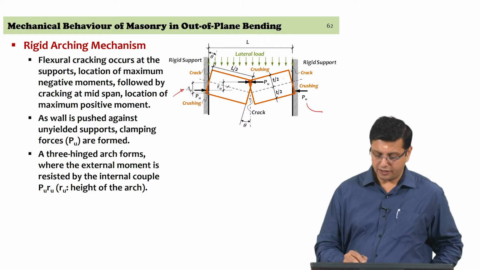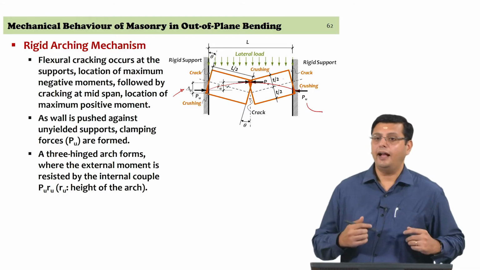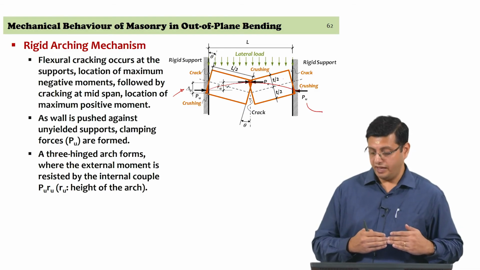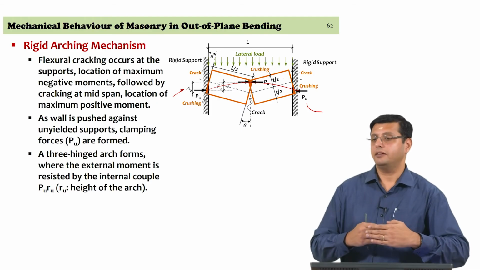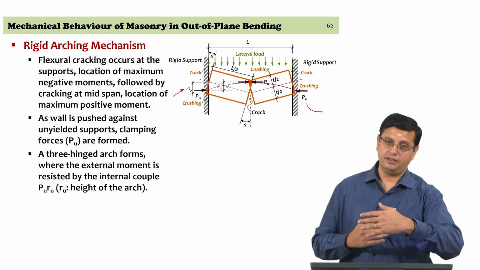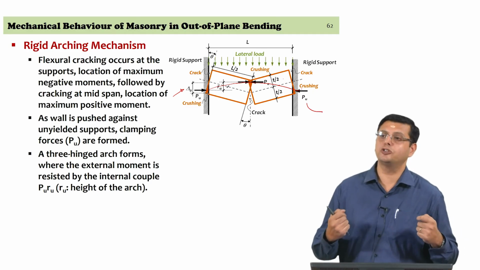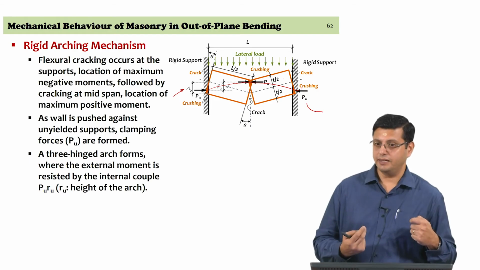So, if you are actually looking at what is happening here, you have the formation of an arch, and if you have the formation of a significant arch, and that depends on how resistant the material is going to be, because the material should not crush immediately.